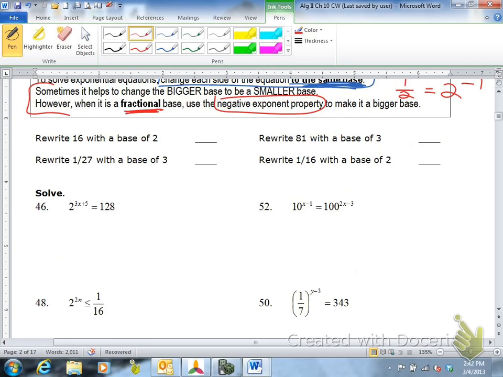So for 16, write 16 with a base of 2. 16 is the same as 2 with a certain exponent. And 2 to the what is 16? See if you can write the next one, and I'll pause the video.